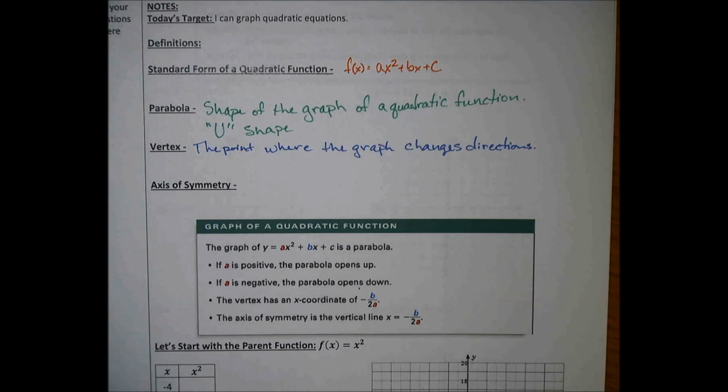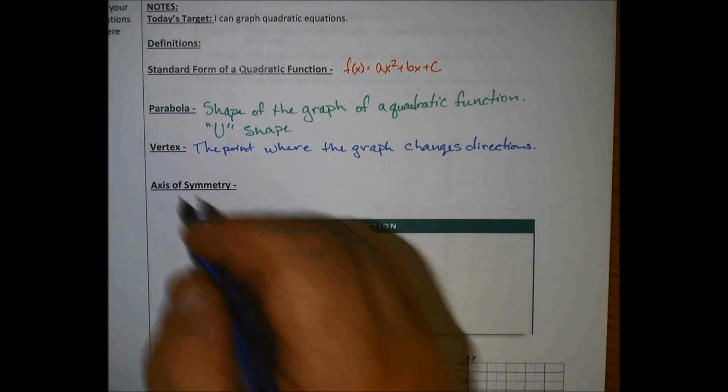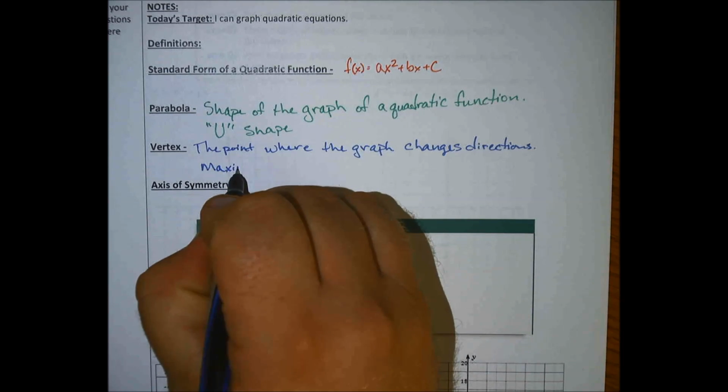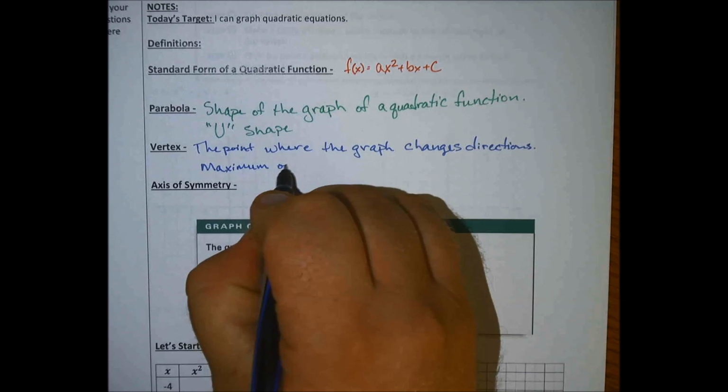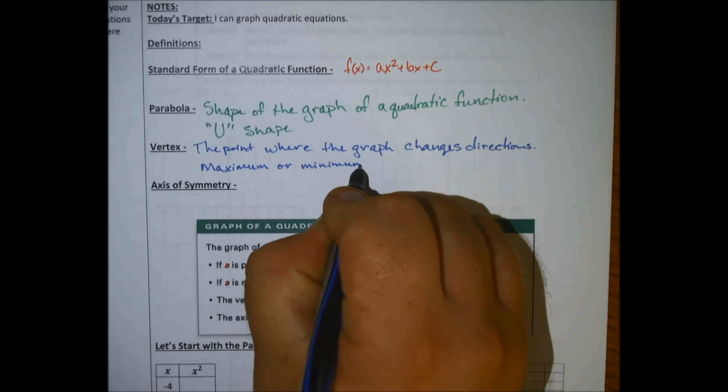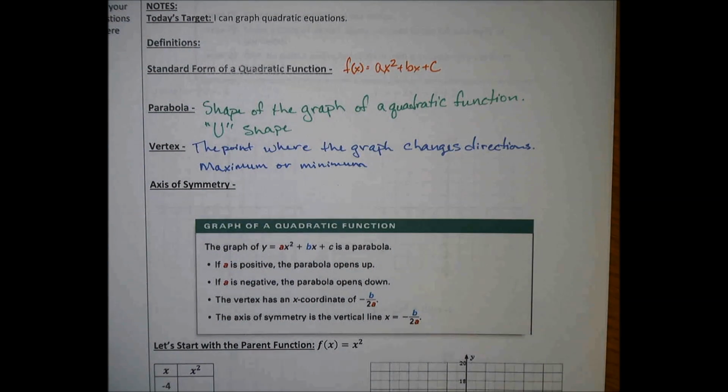That point of changing directions is called the vertex. We kind of think of the vertex as the middle of this graph, and I'll get to why that is a little bit later. But it's also considered the maximum or the minimum of the graph, depending on which way it opens. If it goes upwards, then it's the minimum. If it goes downwards, then it's the maximum.